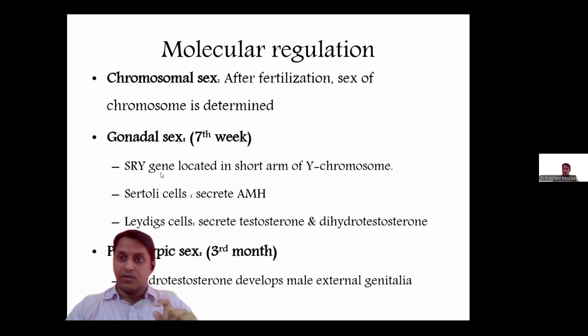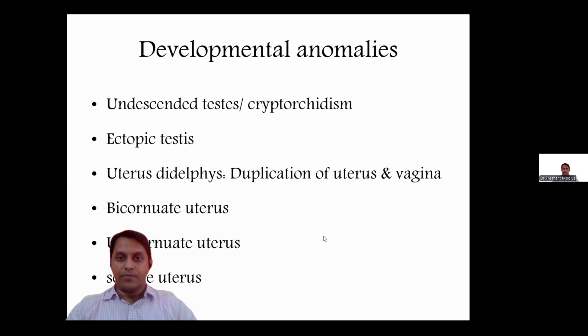So SRY stimulates the genital ridge to produce the testis. This differentiation happens at around the seventh week of intrauterine development. And the phenotypic differentiation happens at around the third month when dihydrotestosterone develops the male external genitalia.